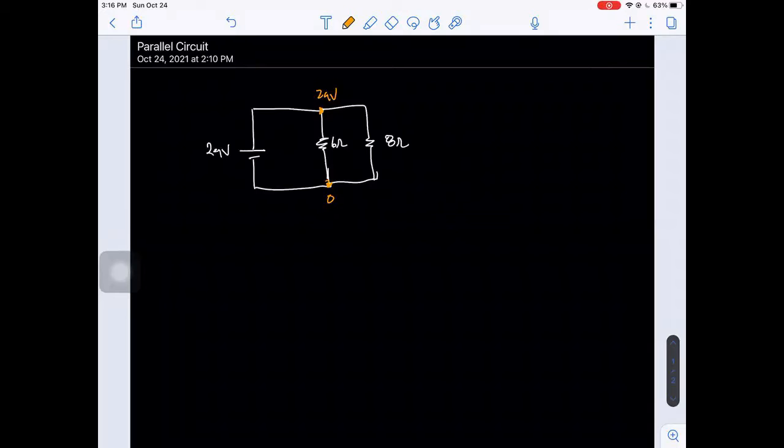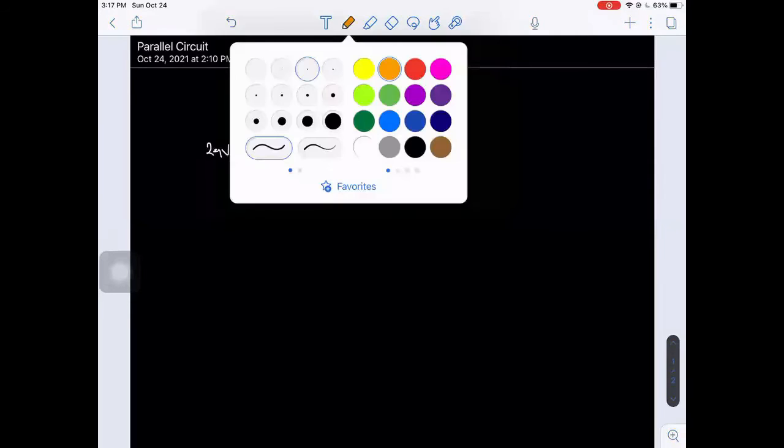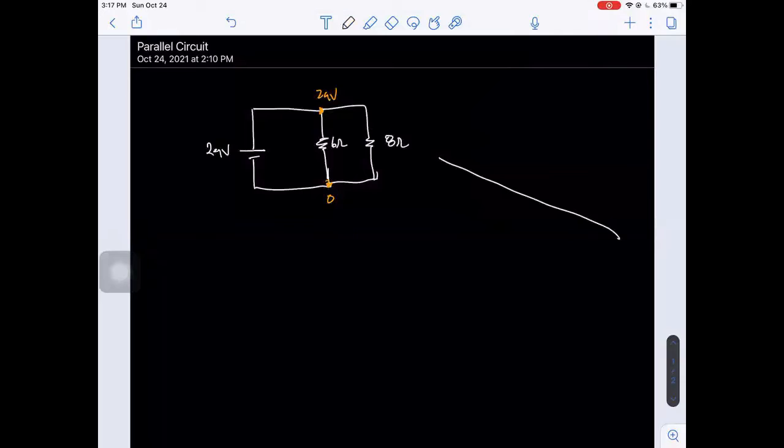We can describe the flow of current in parallel circuits with an analogy of a river, because electric current will flow from high potential to low potential. Water in a river flows from upstream to downstream.